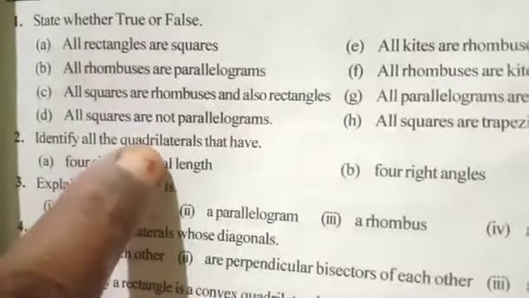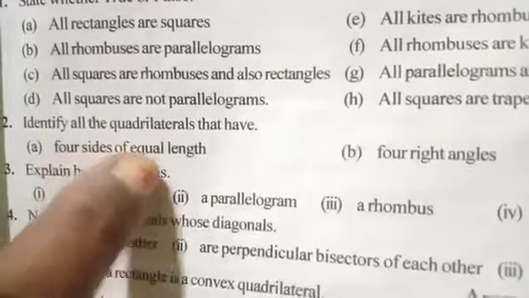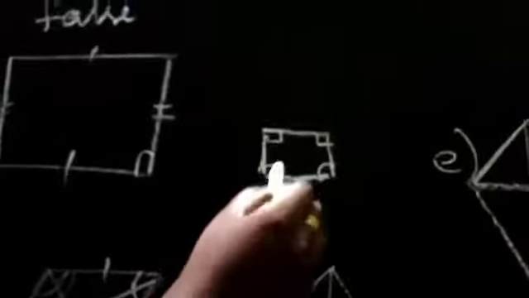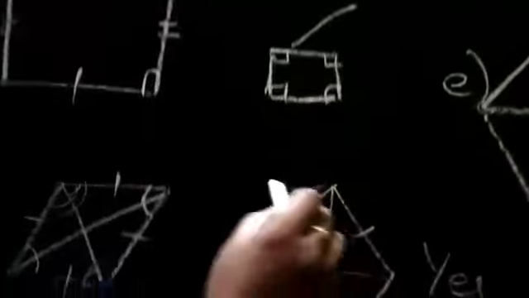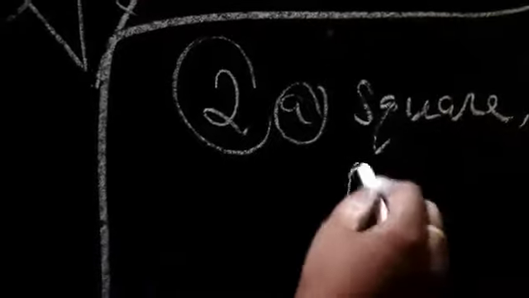Second main: identify all the quadrilaterals that have 4 sides of equal length. In which do you have 4 sides of equal length? You have 4 equal sides in square and rhombus. So the first one is square and rhombus only.